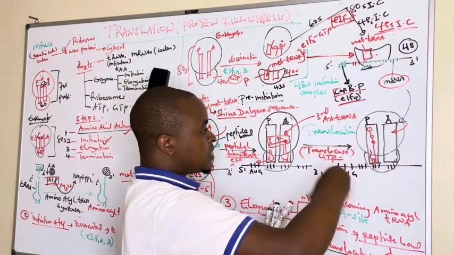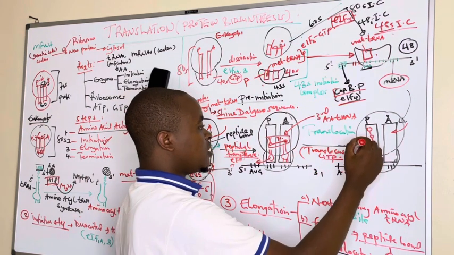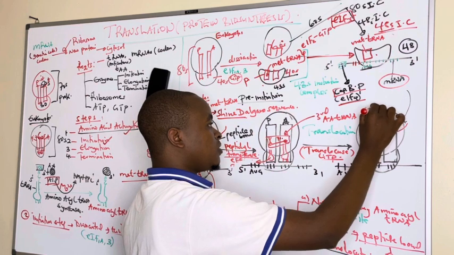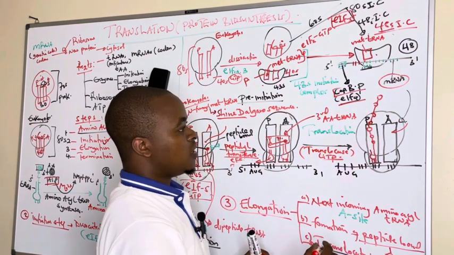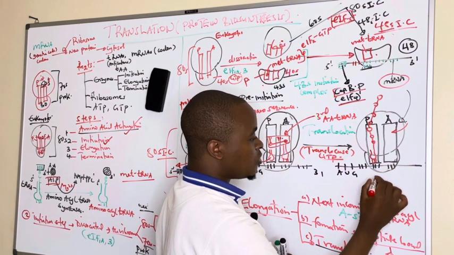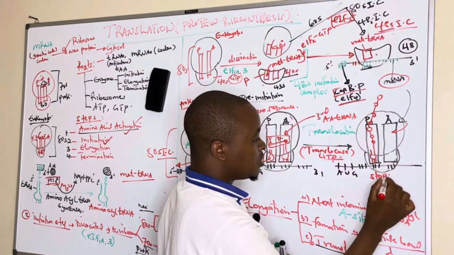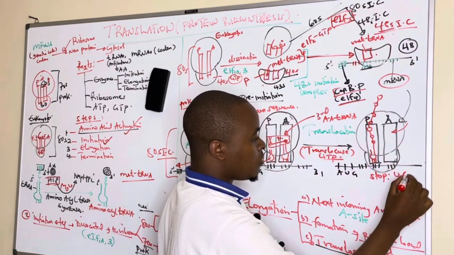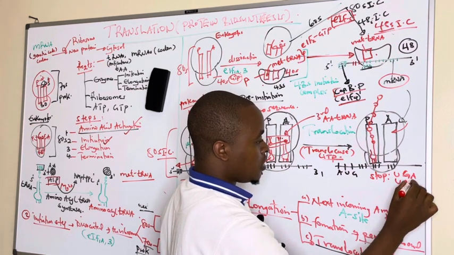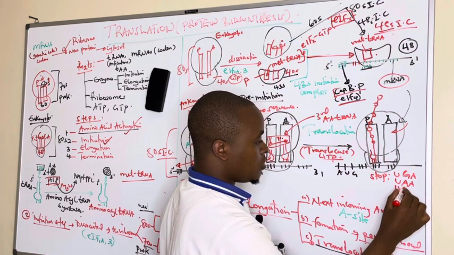We continue repeatedly by the action of translocase and peptidyltransferase, and we form a long chain of amino acids. And when another incoming one finds there is a stop codon, or what we call a nonsense codon, which we normally say, you go away, you are gone.